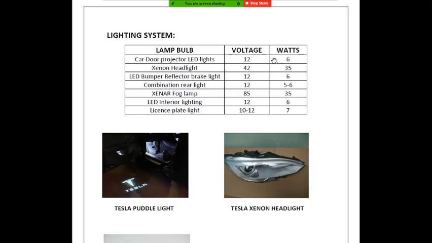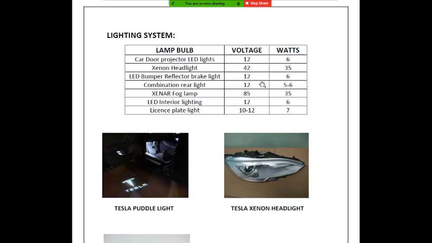So obviously it needs more power. If the voltage is around 42, the wattage is around 35. This is what Tesla is using for their headlight. The LED bumper reflector is around 12 volts and 6 watts, basically equal to the car door projector LED lights.